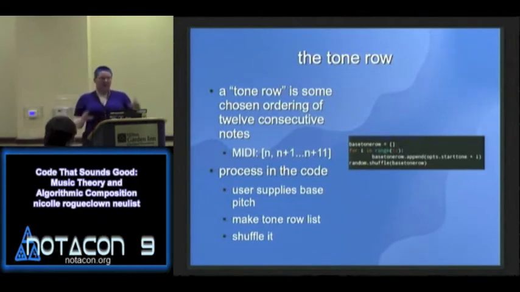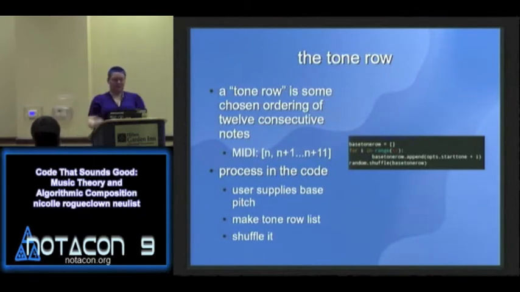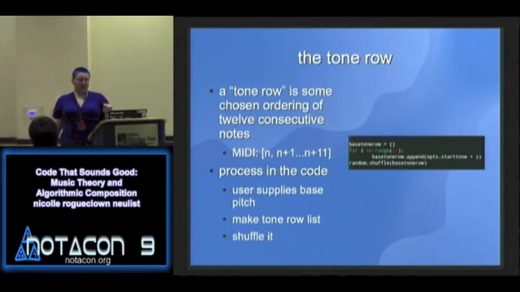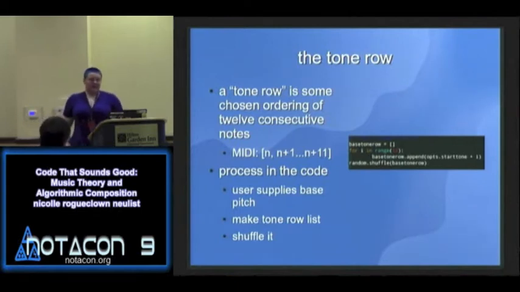So I start with a list. That base tone row is just an empty Python list. And then I make a list of just 12 in a row. And in that piece of code, that start tone is a parameter applied by the user. And then it starts with that plus 1, that plus 2, all the way up to that plus 11.